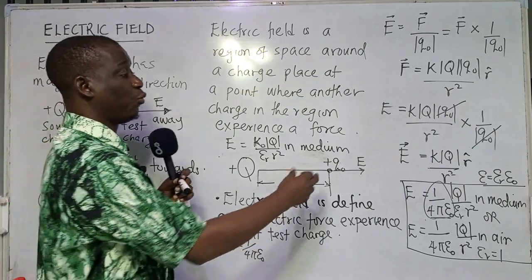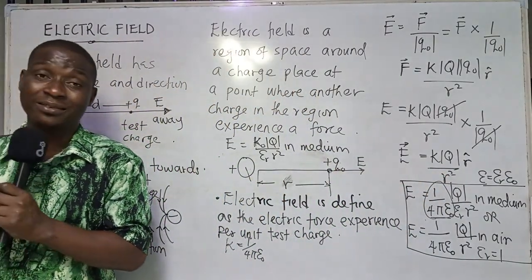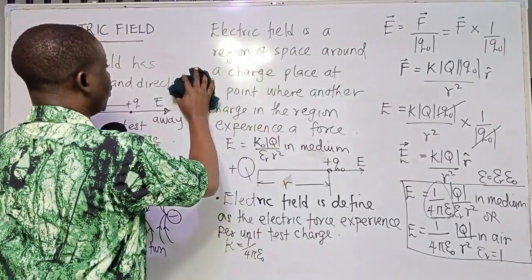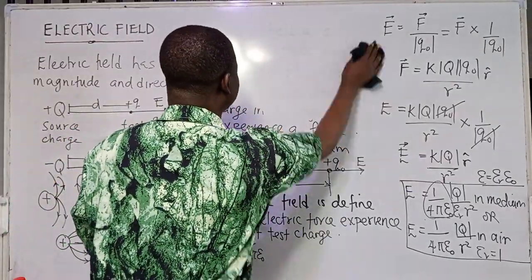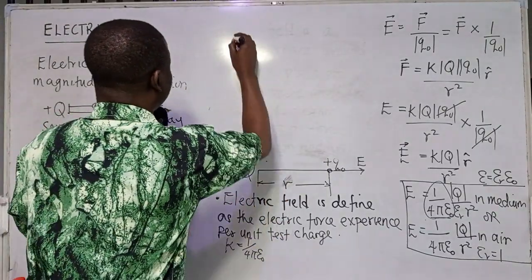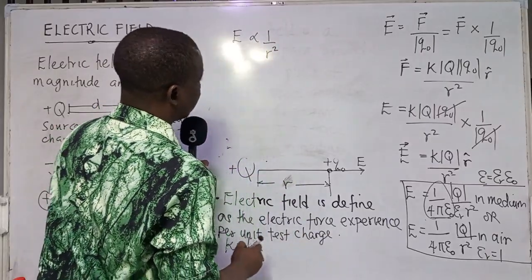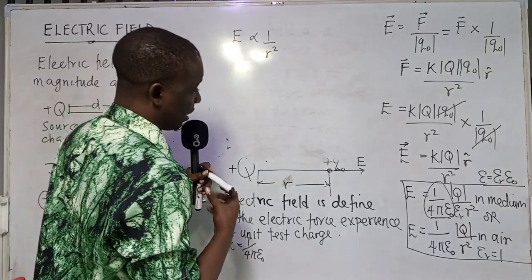Another thing you must know is the relationship between electric field and distance apart. You must not forget that E is inversely proportional to R square.